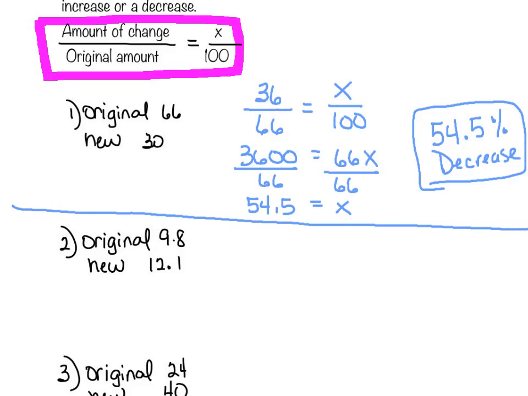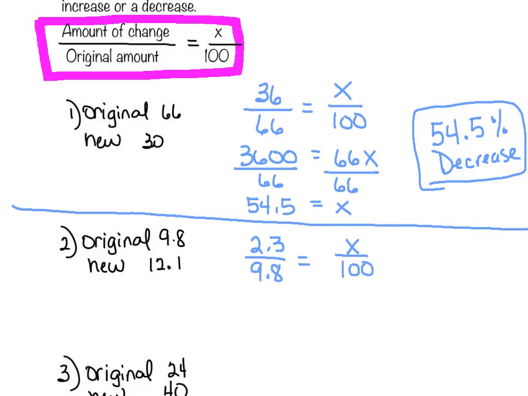So how much is the amount that it changed by? It went from 9.8 to 12.1. So let's subtract those. I see an increase of 2.3. And that goes over the original 9.8 equals X over 100.